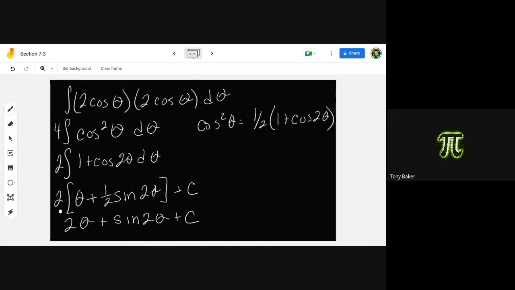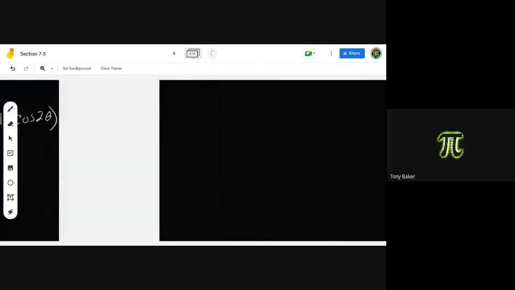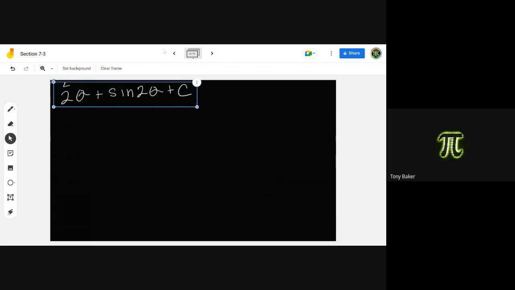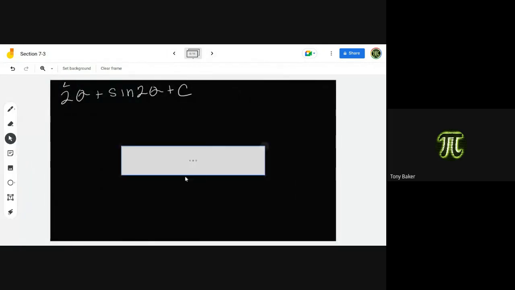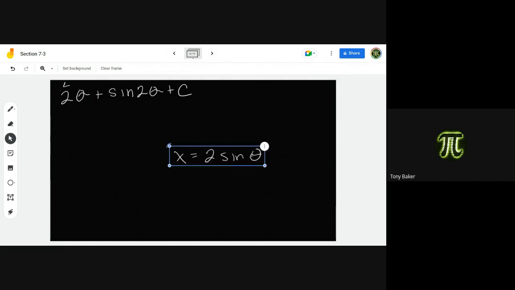All right, so we have this now. And originally, we had x equals 2 sine theta.